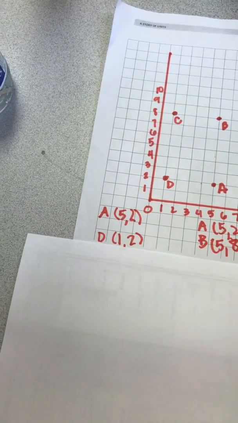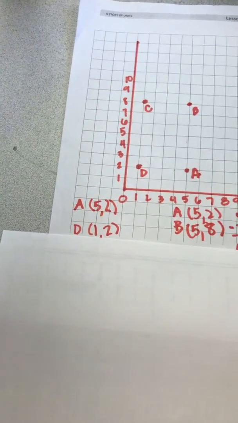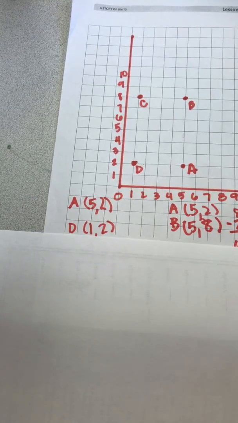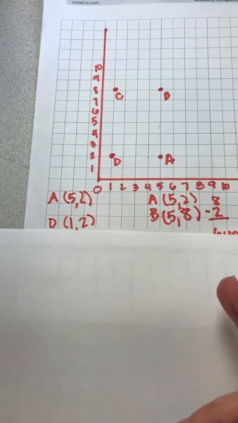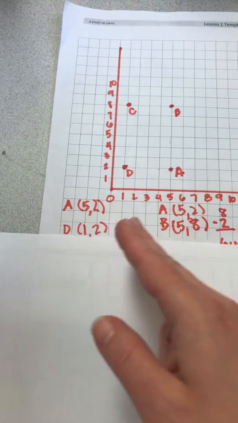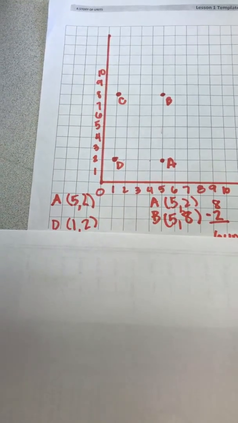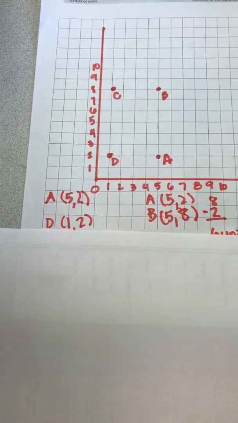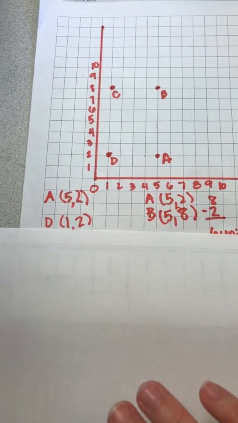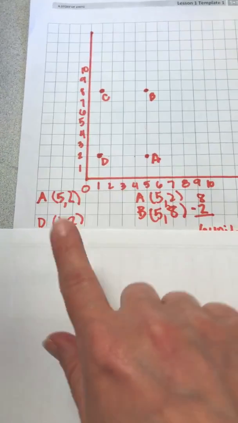There are 4 spaces between A and D, and those are called units. Those are really easy right now because we just have those whole numbers. But what happens when we get into fractions or something a little bit more difficult, and it's not as easy just to count those lines?